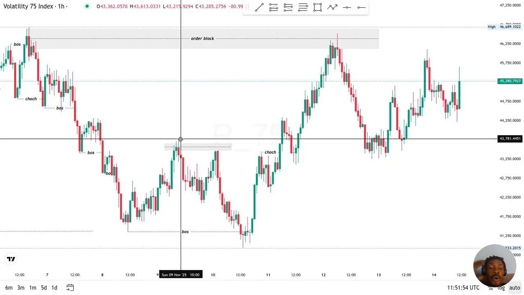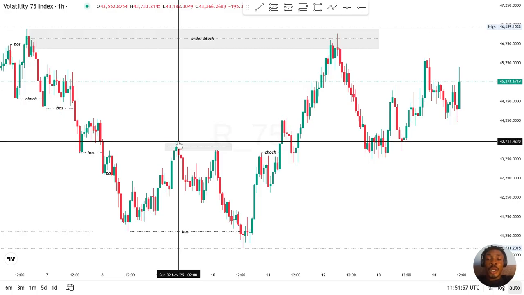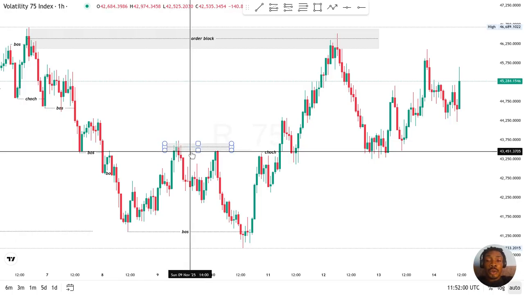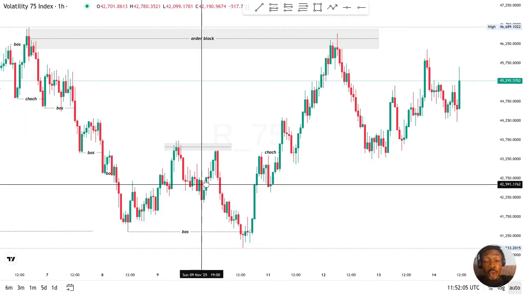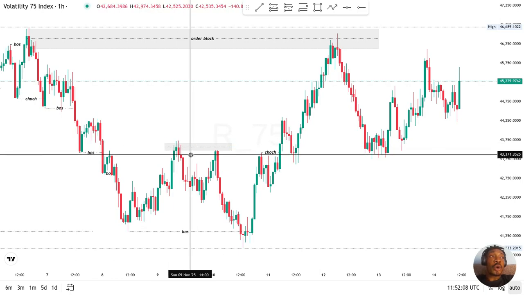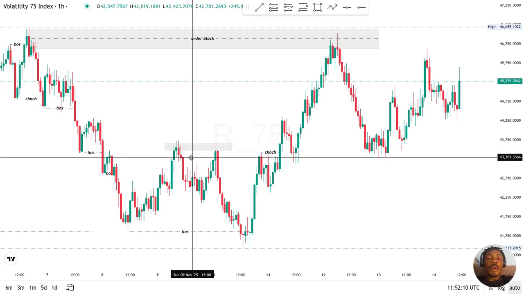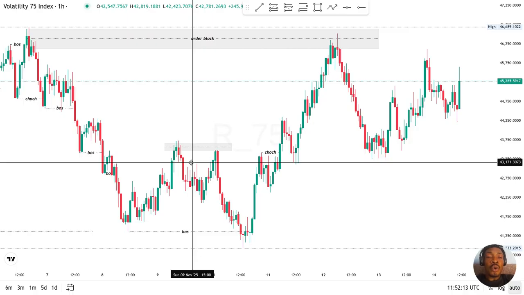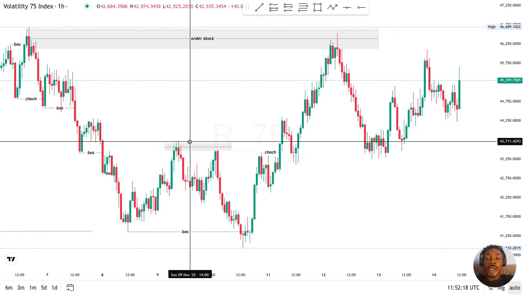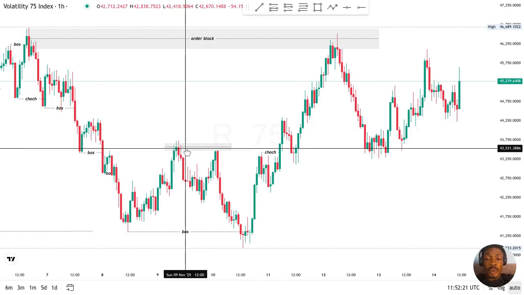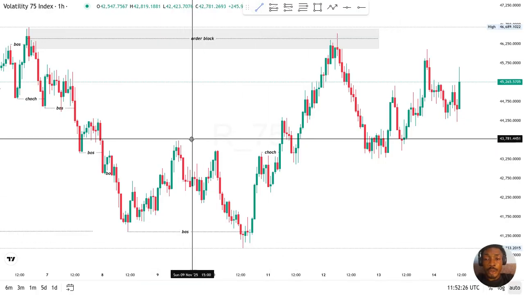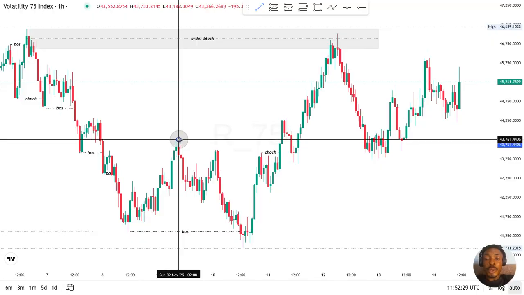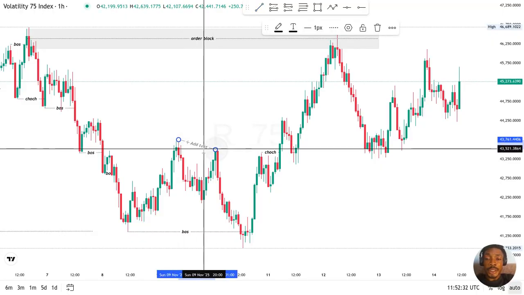I'm always telling my students that liquidities are always above the resistance and below the support. You understand? So if this is a resistance, what we just need to do is mark it as a liquidity, because liquidities are always above resistance and below support.